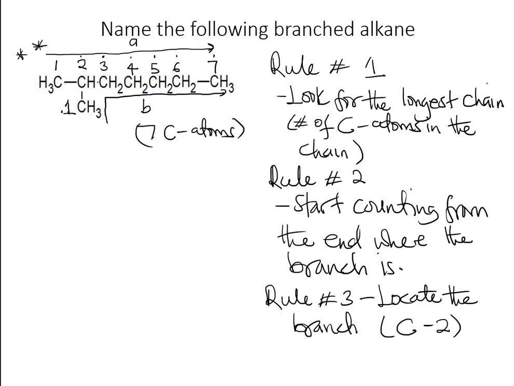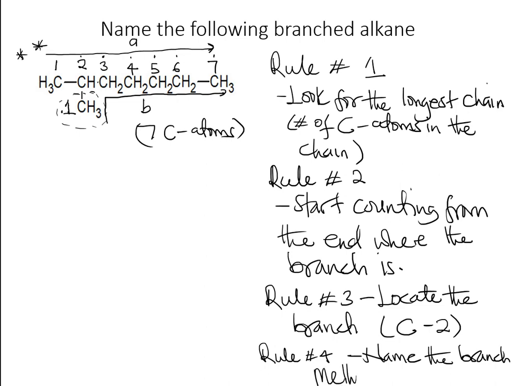Then rule 4: name the branch. In our case, because the branch has 1 carbon atom, the branch is methyl. So let me use these 4 rules to name this molecule.